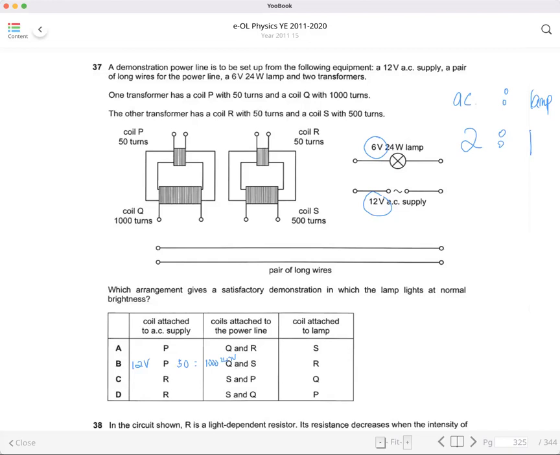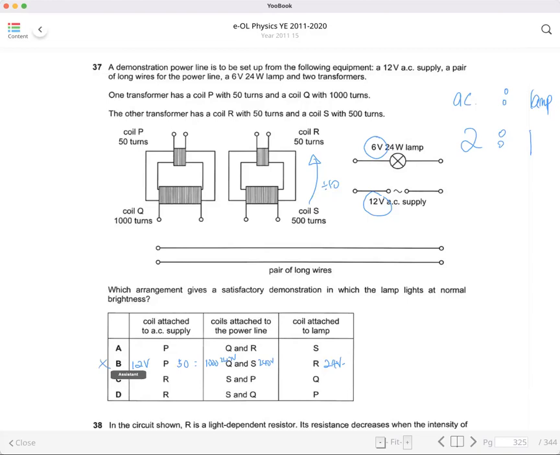Then your S is 240 volt, which is 500:50, so you divide by 10. You end up down here as 24 volt. So B is incorrect.